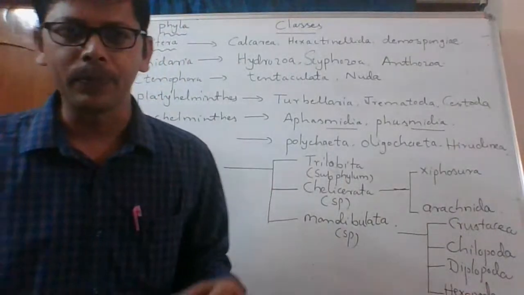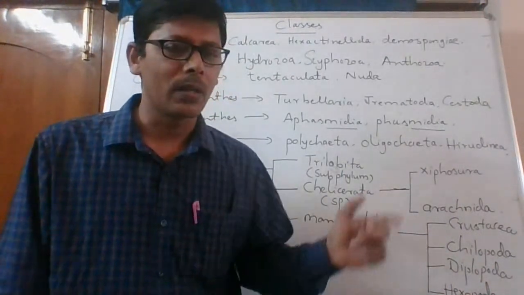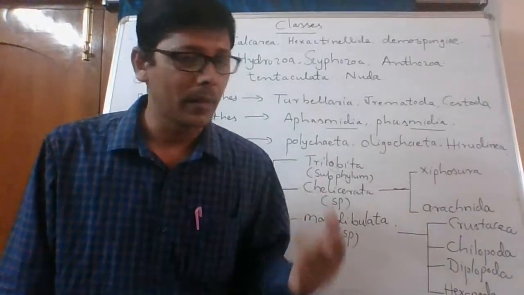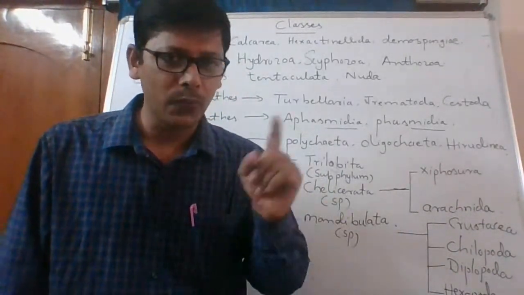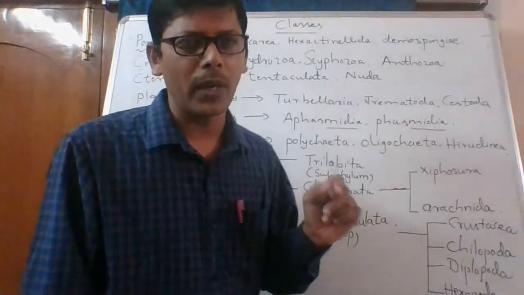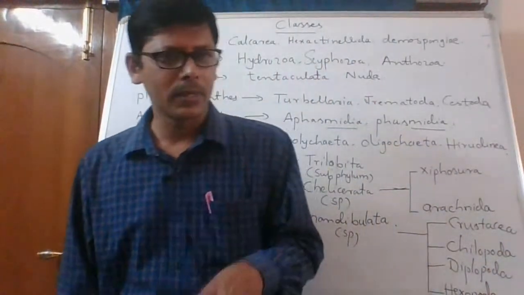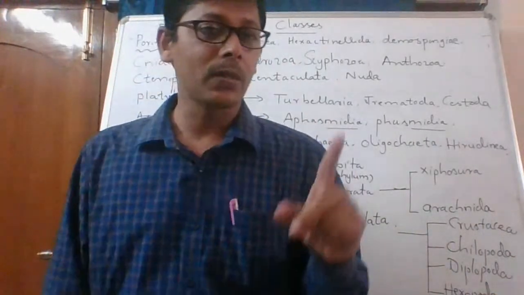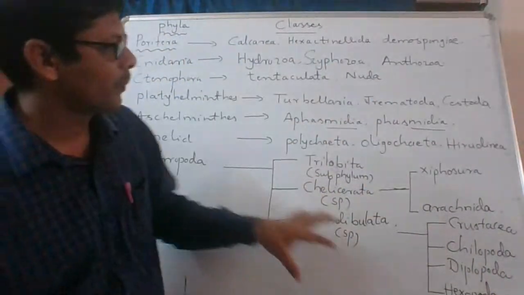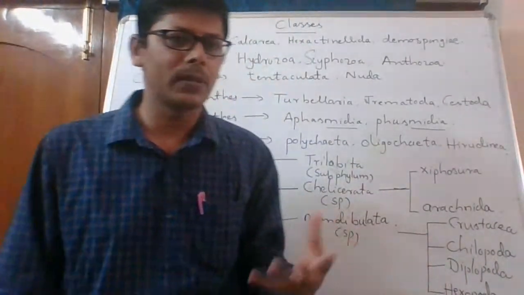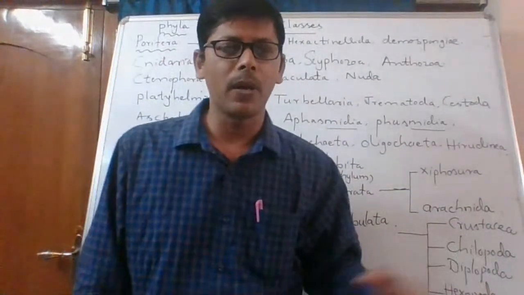Hexapoda is also called the Insecta class. This is the largest class in the Animalia kingdom. The largest phylum is Arthropoda. The second largest phylum is Mollusca. The class that includes the most number of animals is Hexapoda.